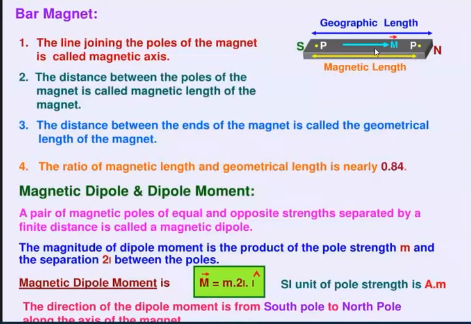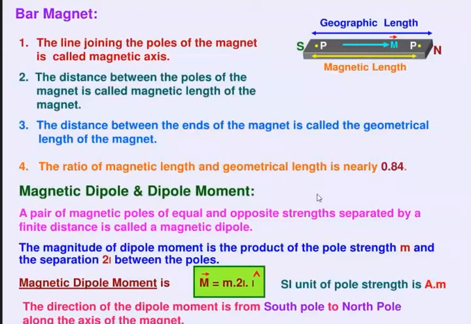Now we have to discuss dipole moment. As in case of electric dipole, you learned that when equal and opposite charges are separated by a certain distance, then it acts as an electric dipole, and dipole moment is equal to the product of magnitude of one of the charges and dipole length.